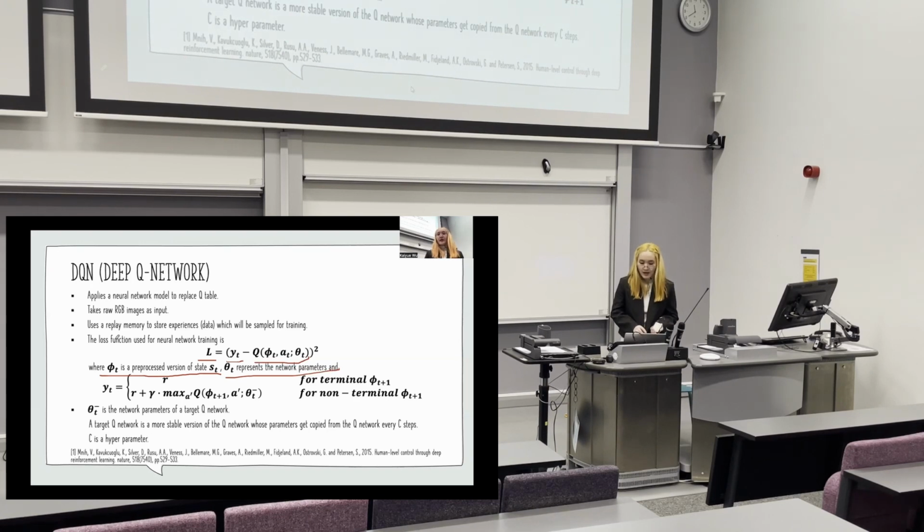y_t is expressed as being the current reward R for terminal states, or the iterative expression, this one, for non-terminal states. This iterative expression expresses the current Q value. Here, it instead uses a target network to find this one. The target network has parameters theta t dash.